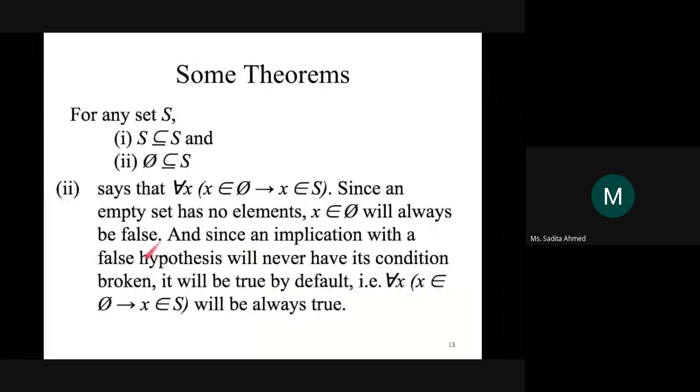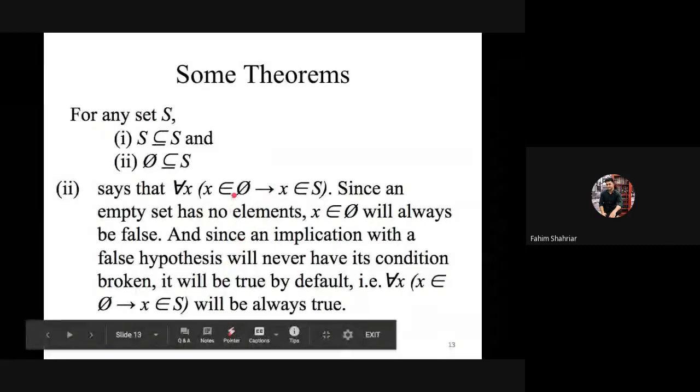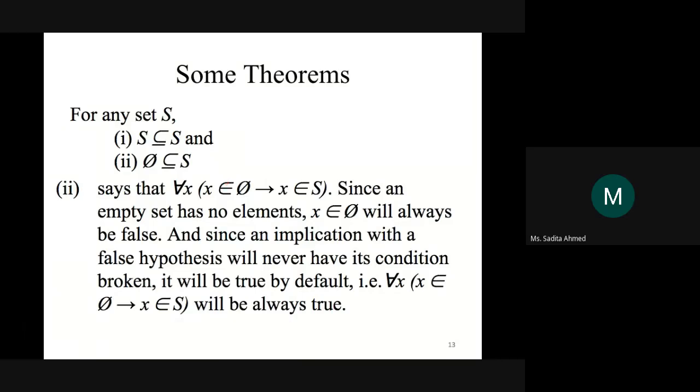I think somebody had a question regarding the last part. Can I explain the last part? Do you understand that the hypothesis will always be false? Yes, ma'am, that I understand. Okay. All right. Remember an implication? What happens to an implication when the hypothesis is false? The truth value of an implication becomes true. Exactly. So, if the hypothesis is false, the implication becomes true by default, right?